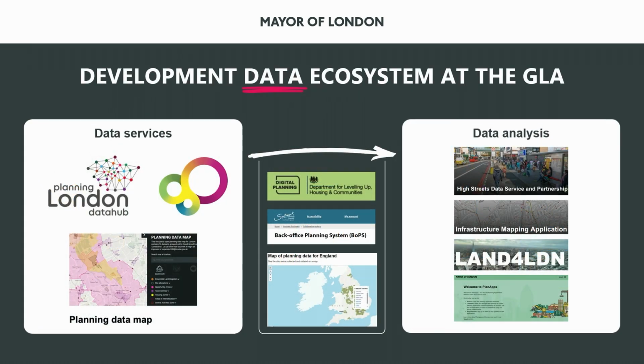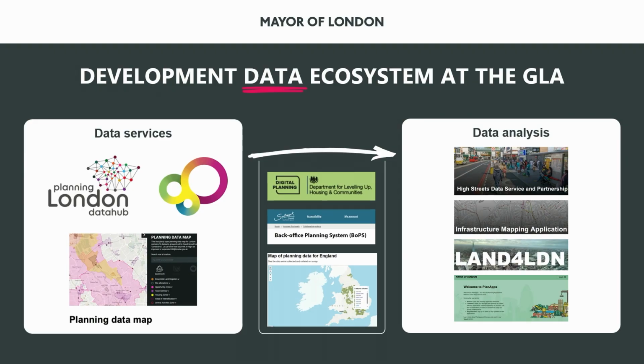But first, I want to tell you a bit about our data ecosystem. Over the last 5 years in the GLA, for the purposes of built environment data, we've created a strong data ecosystem based on both planning data coming through planning applications and the wider planning system, but also static data coming from policies.